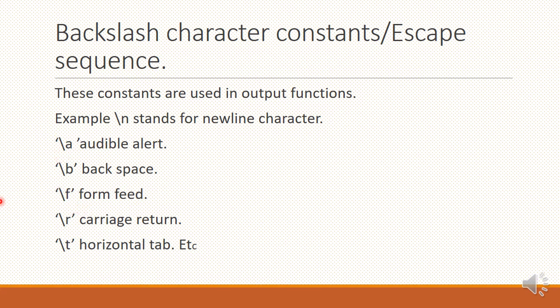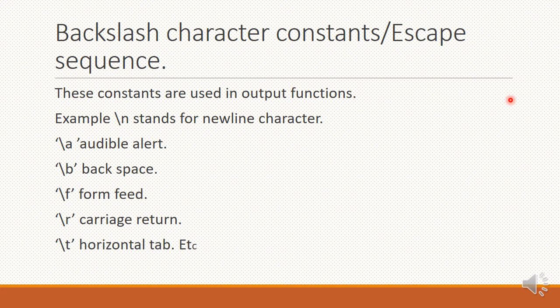Okay, here the first one is the backslash character with the small n. What does it stand for? It stands for the new line character. After writing something, if you want to write in another line and don't want to continue on the same line in C programming, then you use this character and write continuously.